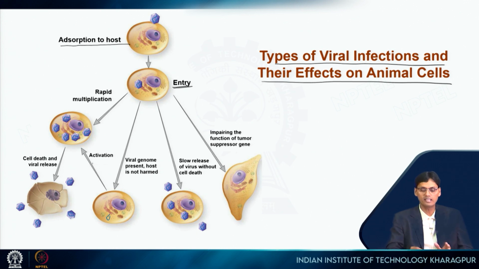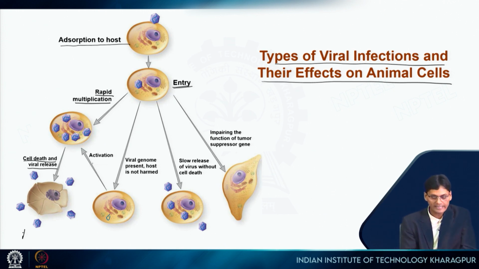What I mentioned is rapid multiplication inside the host cell. As a result, you will see cell death, and the viral particles will be released, as I discussed in the previous slide. This is an example of acute viral infection.